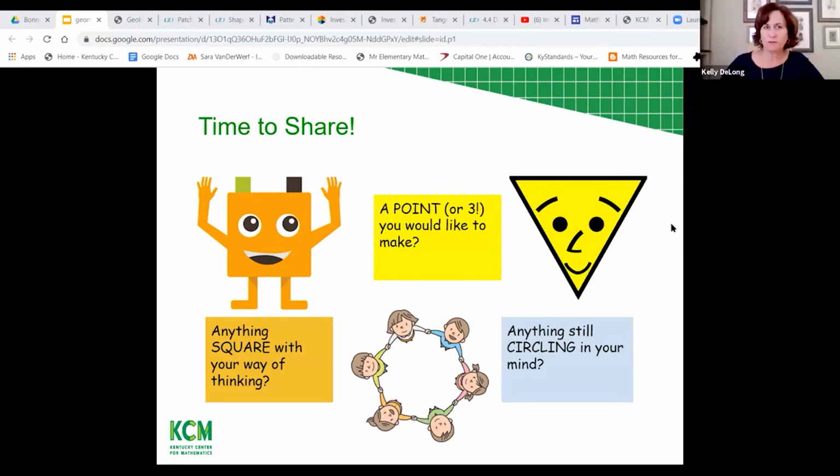Others for square, triangle, or circle? I just had a question about drawing shapes in primary. Fine motor is such a struggle at that age as far as forming letters and numbers and shapes. What kind of guidance do you have as far as being very delicate in that instruction?